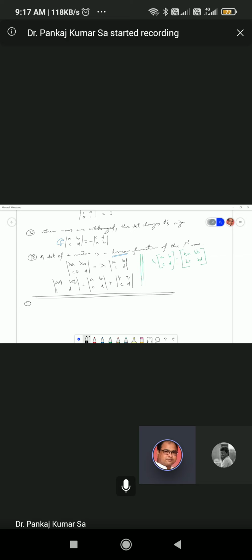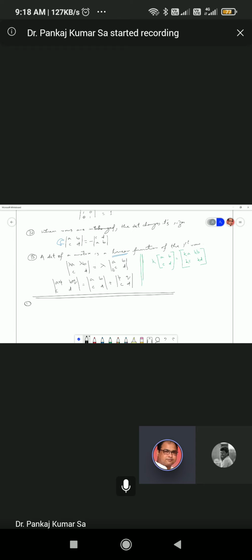But property 2 says when rows are interchanged, the determinant changes its sign. So I can interchange the rows, and the same thing can be applied on the second row as well.